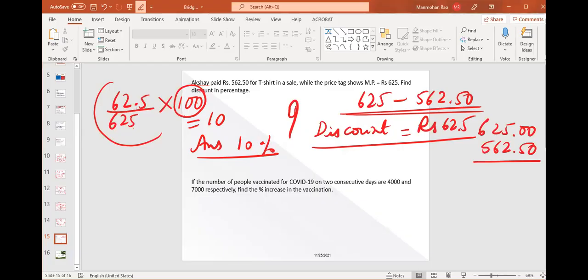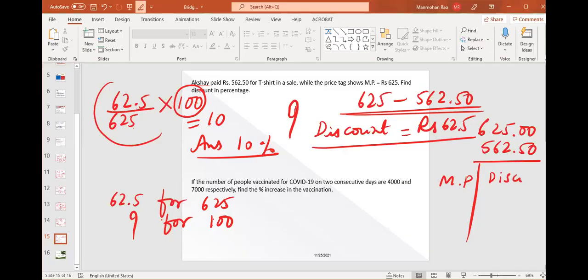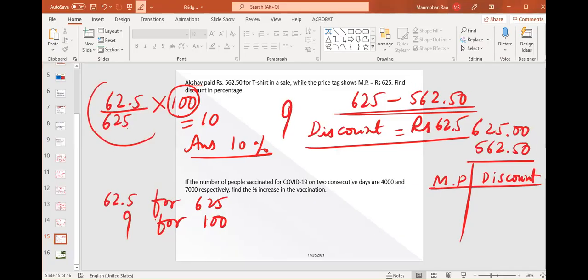How much for 100? How do we write it? 62.5 for 625 rupees. How much for 100 rupees? This is the market price, and the discount is on the other side. Both are money.